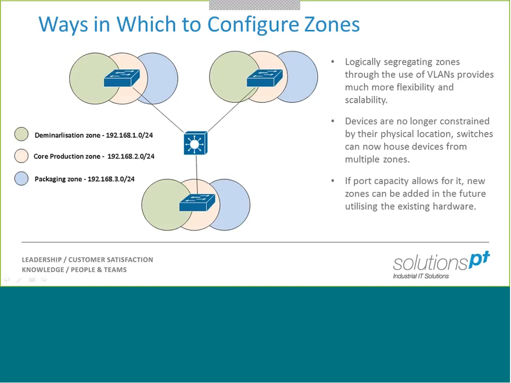Sometimes people look at VLANs and think, surely that can't be as secure, but that's a bit of a fallacy. VLANs are just as secure, providing they've been configured in a secure way, and the switch management has been configured correctly as well. Then using VLANs is just as secure as a physical approach.